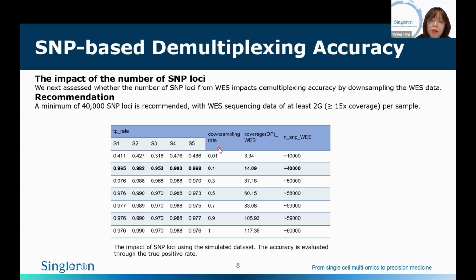When we have a very limited number of genes expressed in the cells, it is very hard for us to annotate the cell types of the clusters. For SNP information, it's the same. From these testing results, we recommend at least 40,000 SNP loci, meaning that for every sample's WES sequencing data, you should have at least 2G of sequencing data.